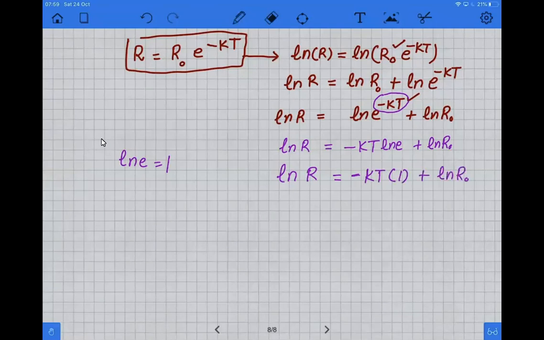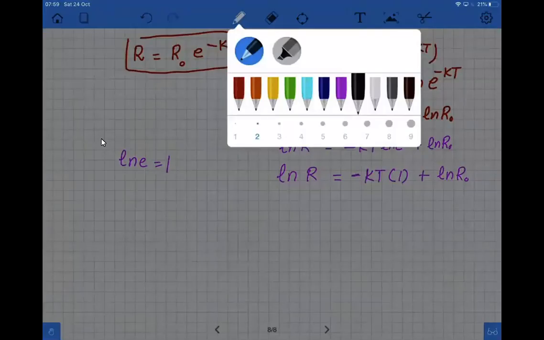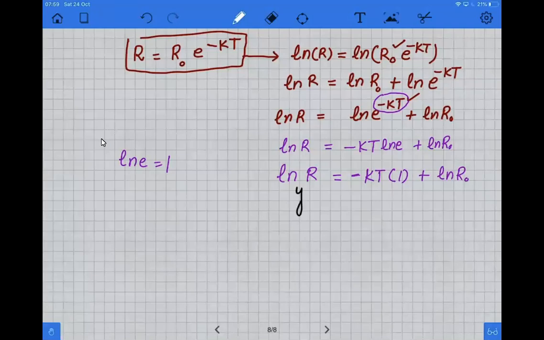Now, if we compare it with the standard equation of straight line, this is y, this is mx plus c. So here we get this thing.